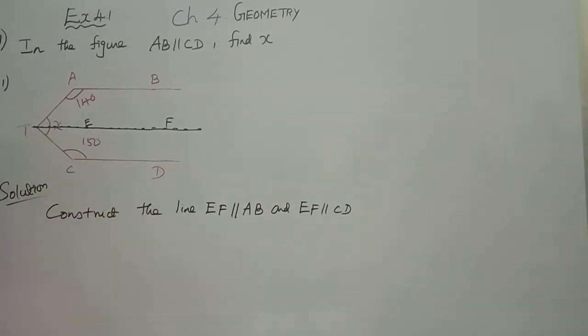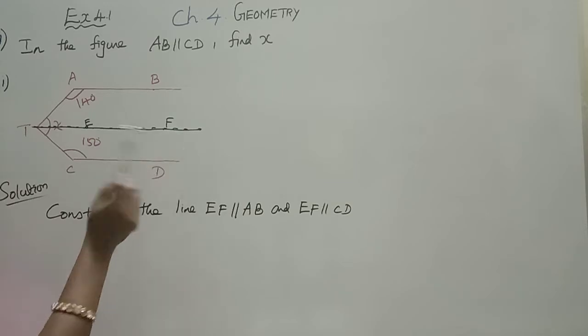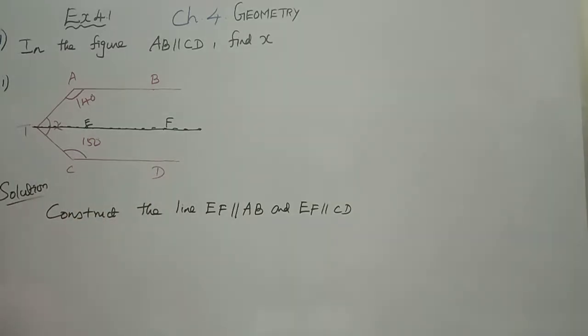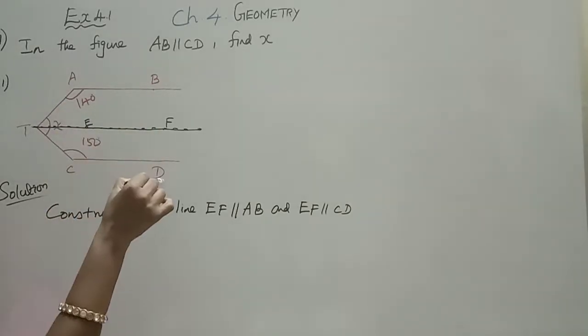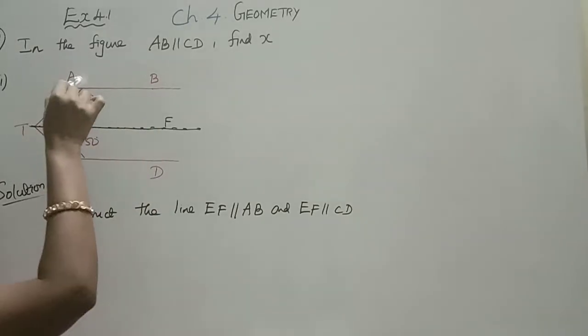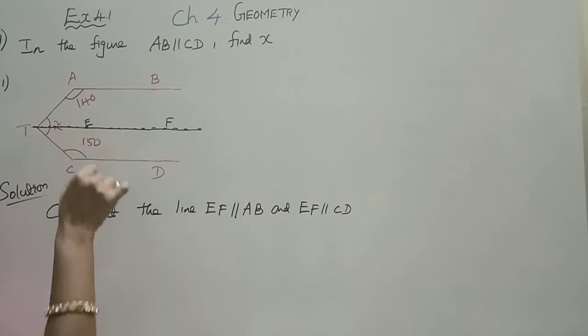This parallel line property we studied in 8th standard: if AB is parallel to EF and EF is parallel to CD, we can say AB is parallel to CD, and if AB is parallel to CD, we can say AB is parallel to EF and EF is parallel to CD.